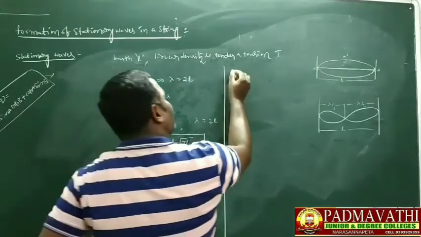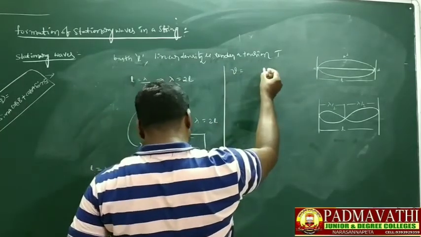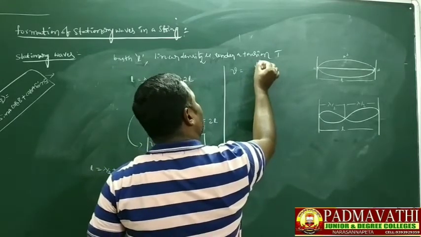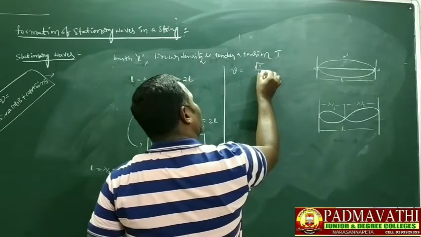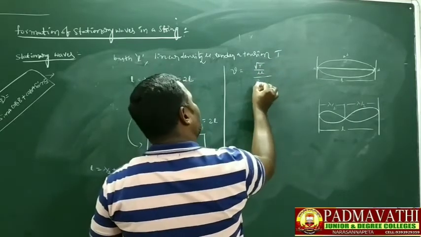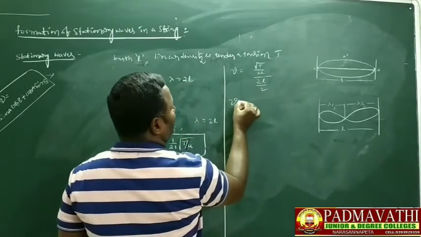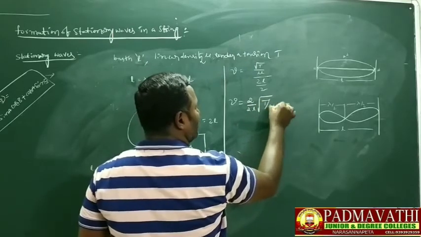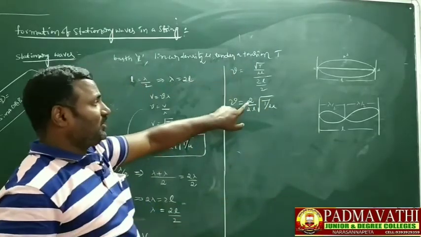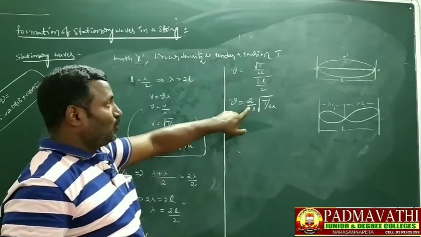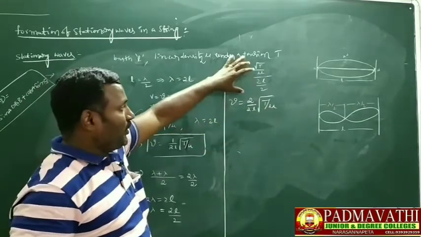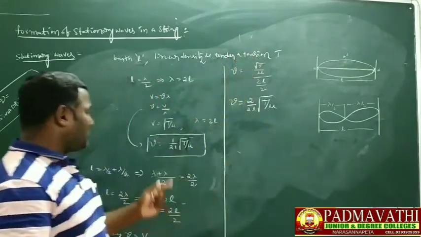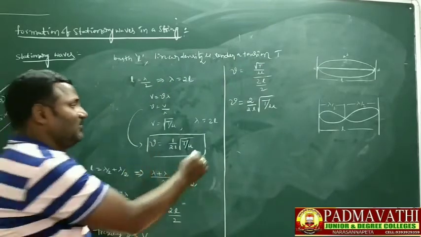So frequency nu equals 2 by 2L into root T by mu. Here 1 by 2L into root T by mu is the fundamental frequency, equation 1.